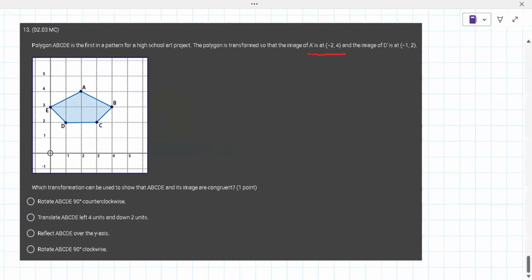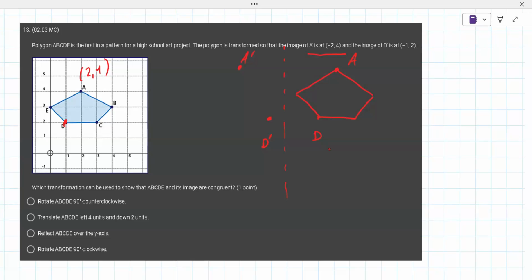They're telling you the new point A prime is, so it was 2, 4, and now it's down all the way down here at minus 2, 4, which we can't really even draw, but it was up here, and now it's down here. And then D prime, that's this one, the lower left, it's now at minus 1, 2, sorry, minus 2, 4. I'm going the wrong way. Minus 2, 4 is over here. And this is A prime. D prime is now at minus 1, 2 right there. And there's kind of the axis. There's D and there's D prime.